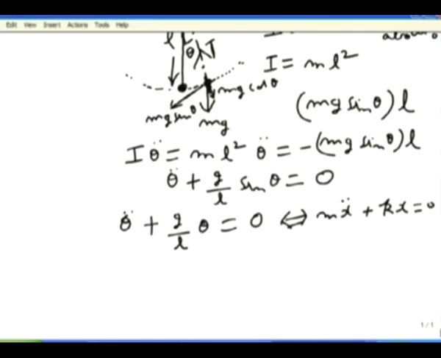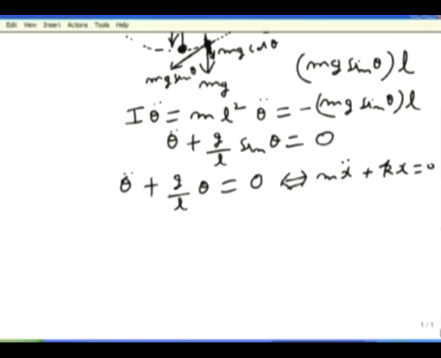Let us see how the analysis can be done for exact vibrations. Now, in case I cannot consider theta to be very small, theta dot dot plus g by L sin theta is equal to 0.